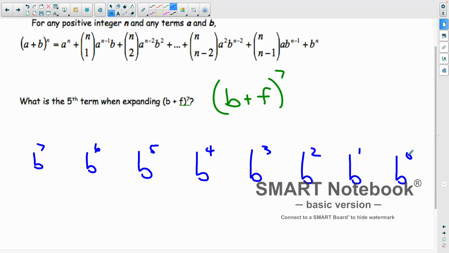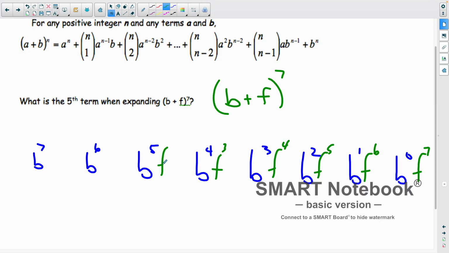Okay? Now I'm going to work with F. So over here, F starts at 7 and works the other way. So this is F to the 7th, F to the 6th, F to the 5th, F to the 4th, F to the 3rd... I need to make these F's instead of B's.